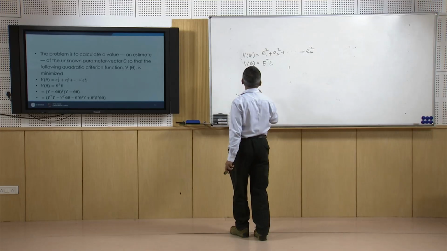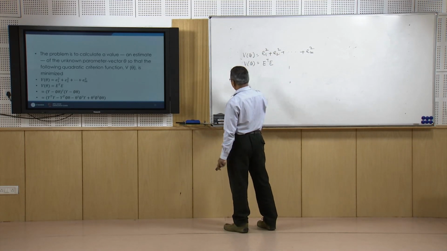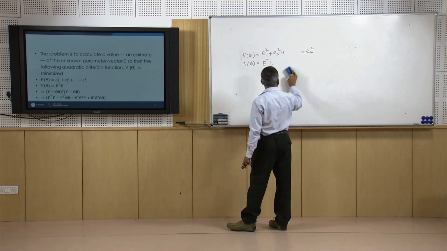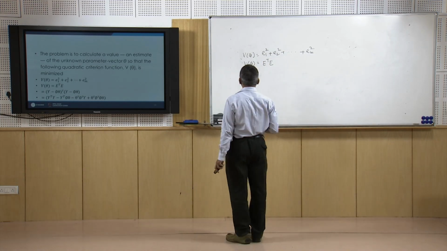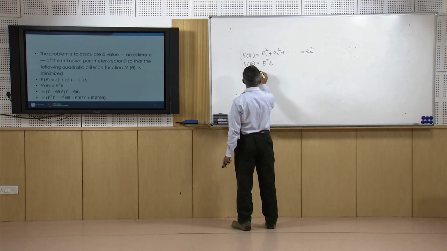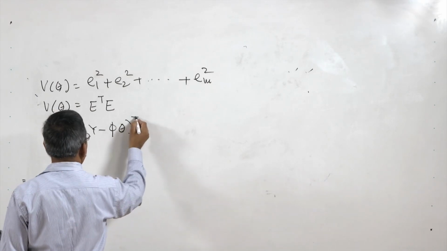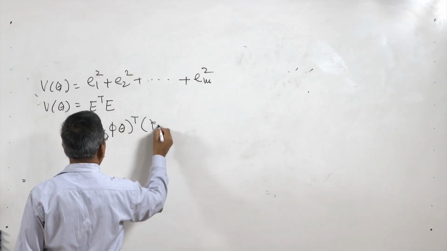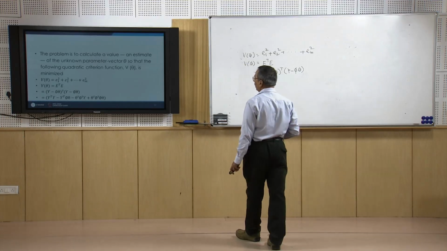Okay, so if you do this, multiply these two, then you will be getting the top row, that is the summation of the squares. Now, in the short form, this can be written as (y minus phi theta) transpose into (y minus phi theta). Okay.